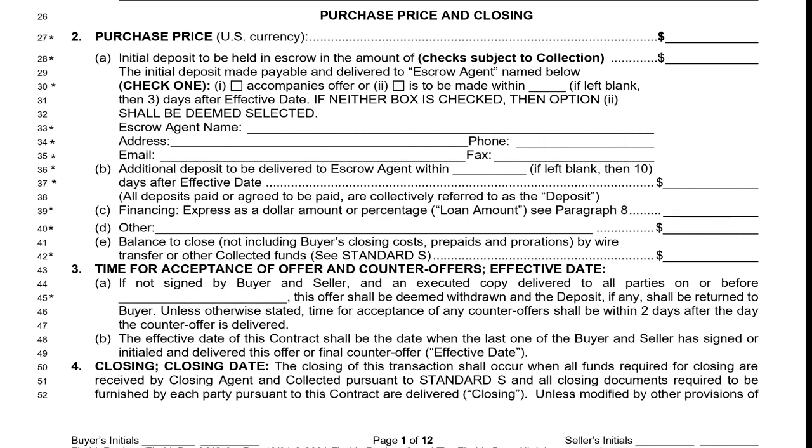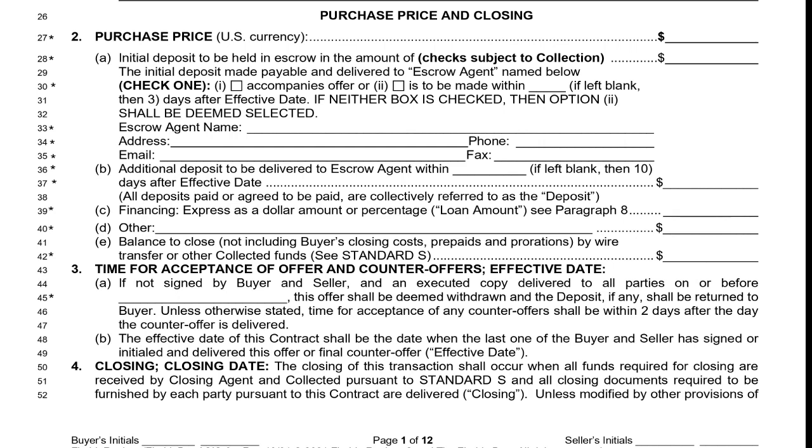The seller signs at 7 o'clock in the afternoon, but as the buyer's agent, you don't receive a copy of the executed contract until the next morning. The next morning is the effective date. And this language is reiterated in line 48-49. Effective date is when the last one of the buyer and seller has signed and initialed and delivered this offer.